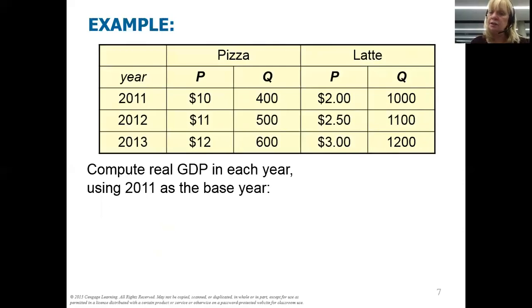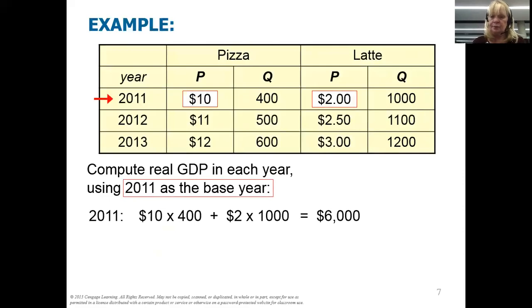Likewise, $2 is the base year price for lattes. We're calculating 2011, so we use 1,000 as the quantity, and we get a real GDP of $6,000, which is exactly the same as nominal GDP that we got in the previous slide. Why? Because 2011 is the base year, so you wouldn't see a difference.